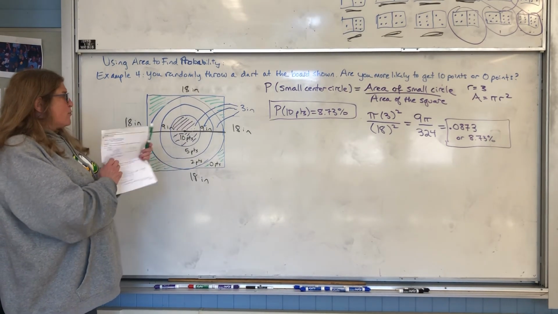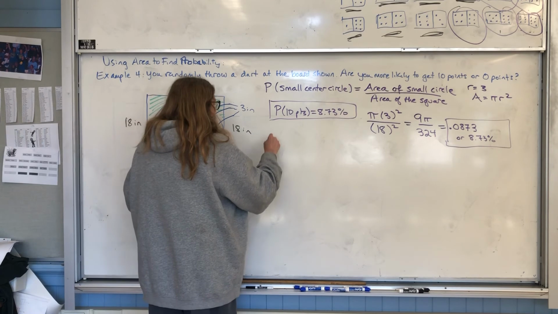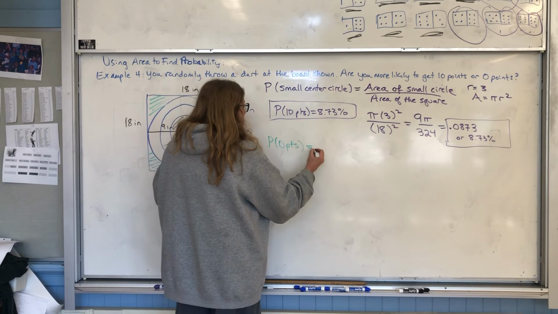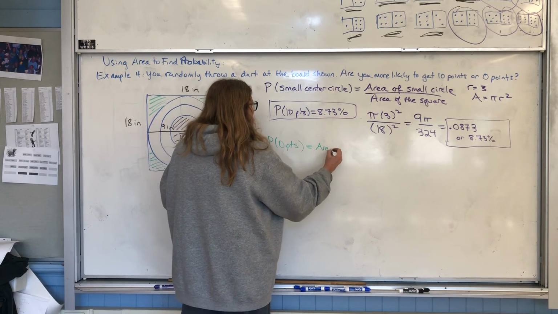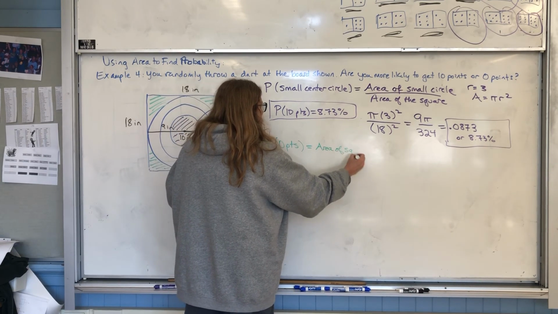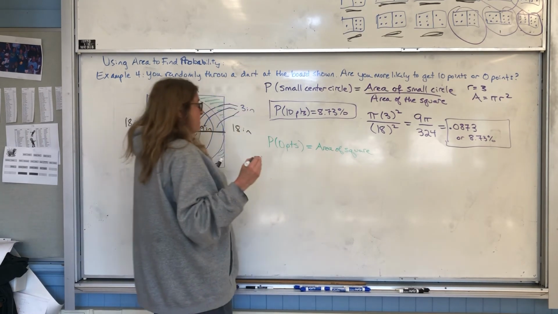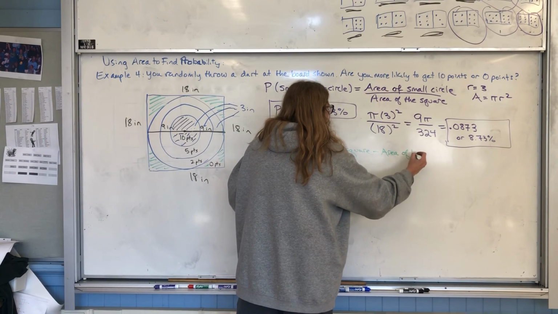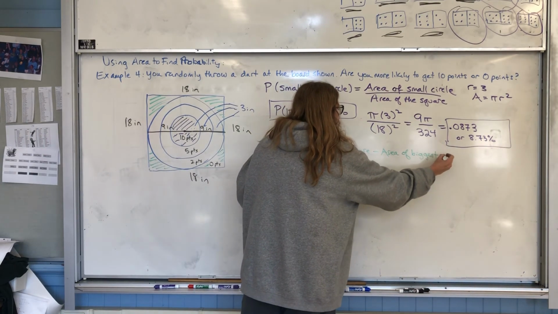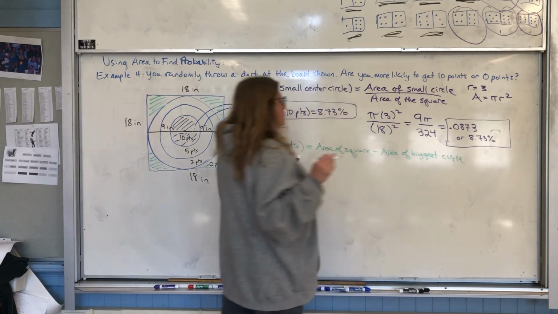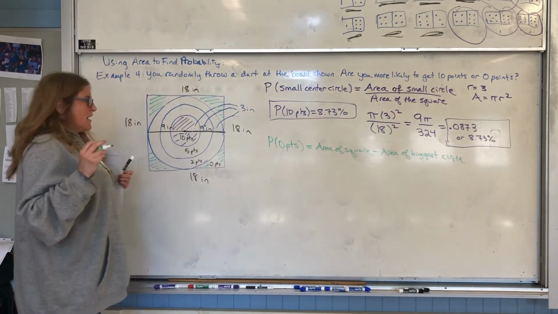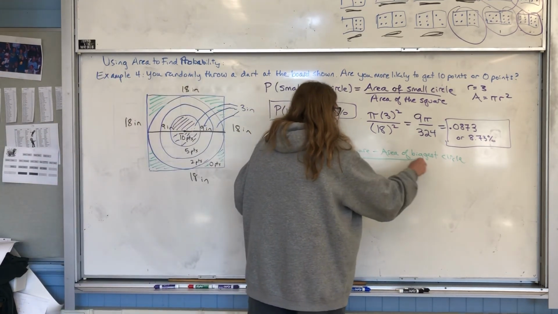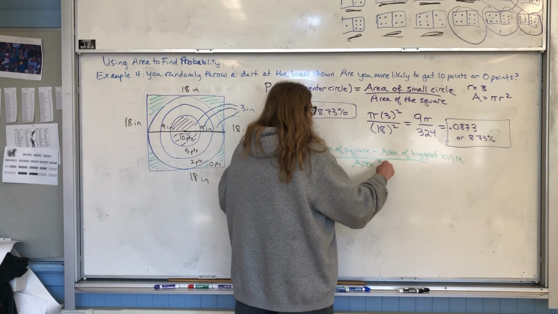So if I want the probability of getting 0 points, I need to take the area of the big square minus the area of the big circle. That's what I need to do for my want: the area of the square minus the area of the big circle, all divided by the whole figure, which is the area of the square.